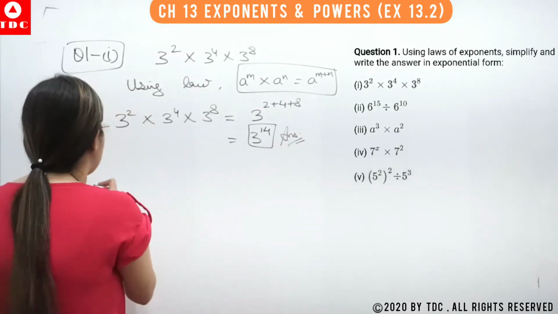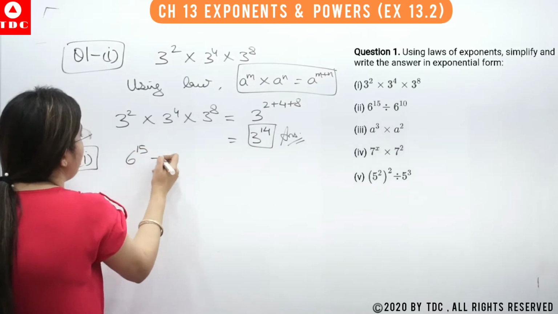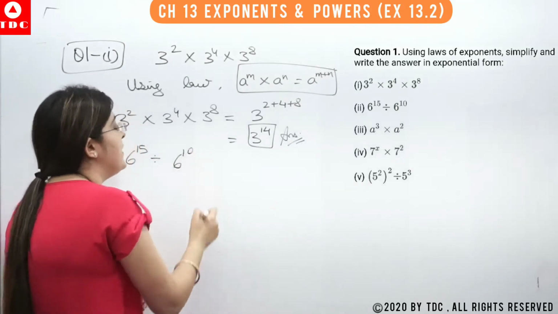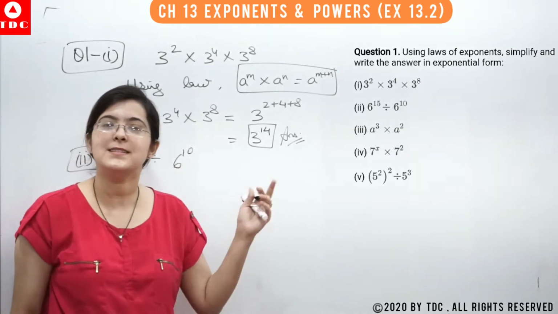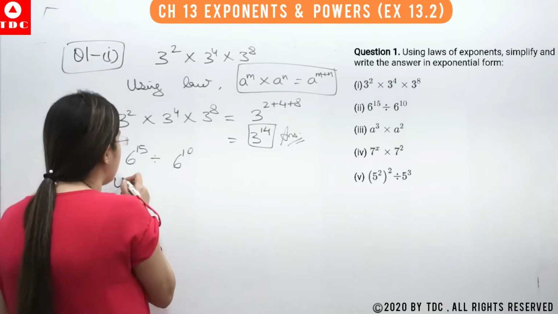Okay, now see the second part. What is it? 6 to the power 15 divided by 6 to the power 10. Now which law can we use here? The second law, because the base is same and there is a division sign in between.